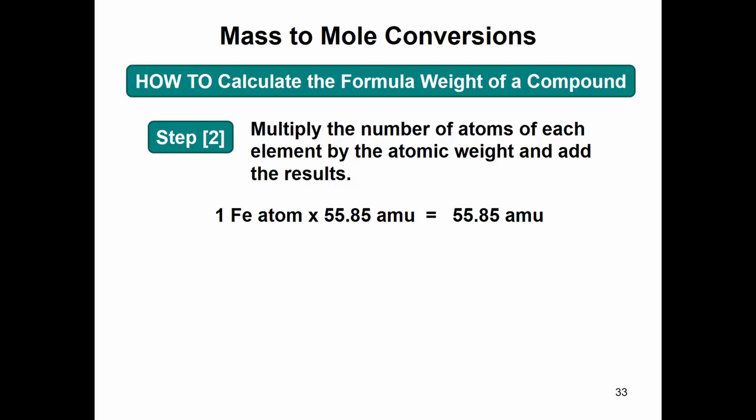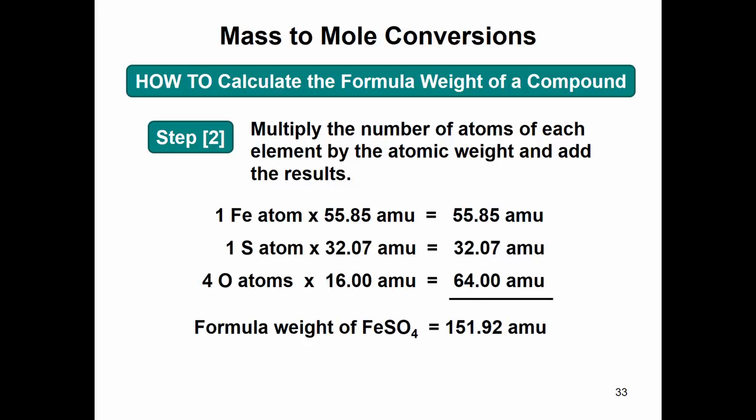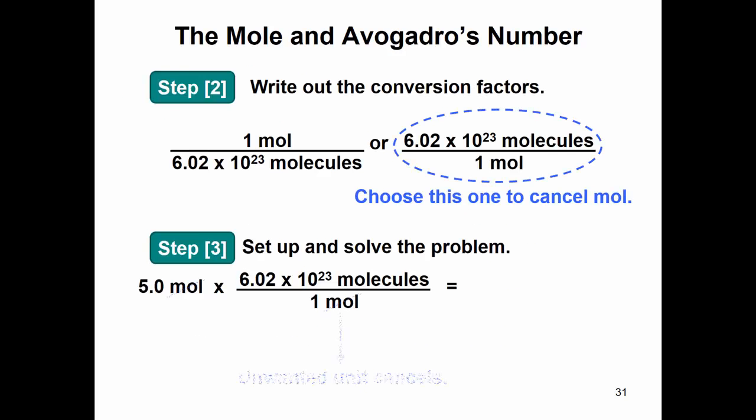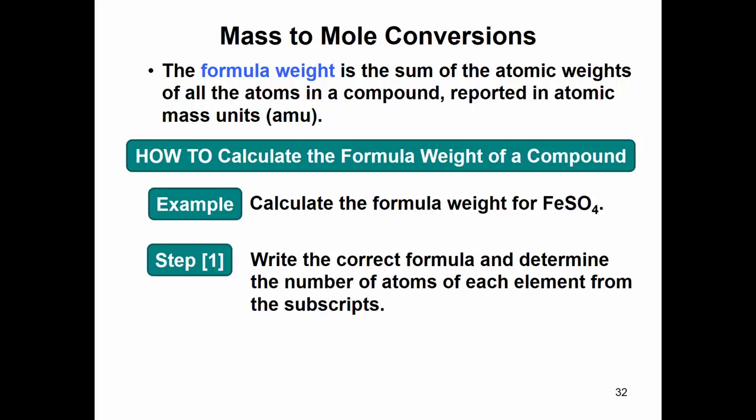But first we want to look at how to calculate a formula weight or a molar mass of a compound. So the formula weight is the sum of the atomic weights.